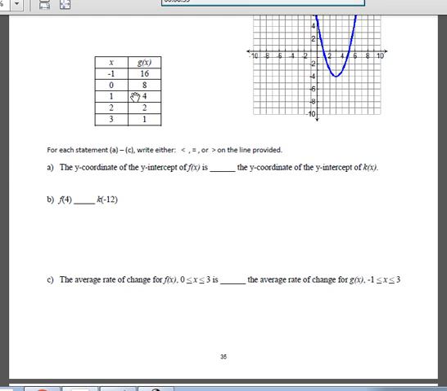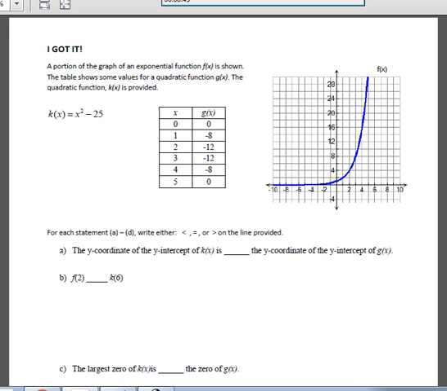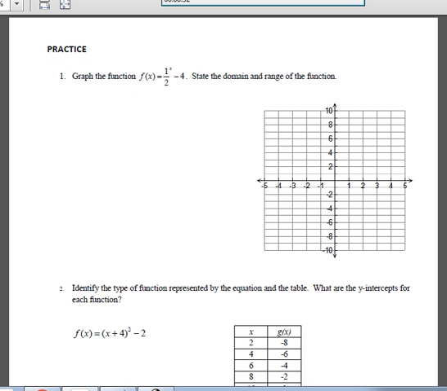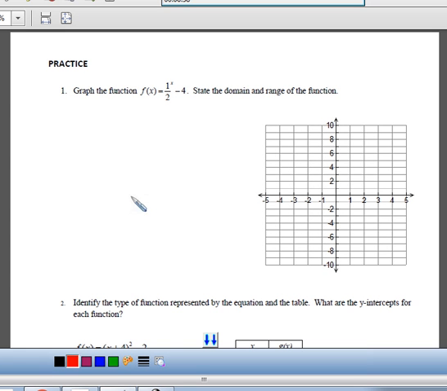So you're going to be using some of the skills that you've learned in this unit and in previous units. Over on the next page, you've got some examples with the answers at the bottom. So after you try them, check and see how you did. On the next page after that, page 37, we're going to be doing some other practice.